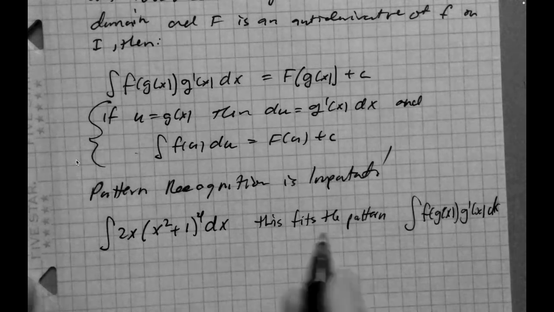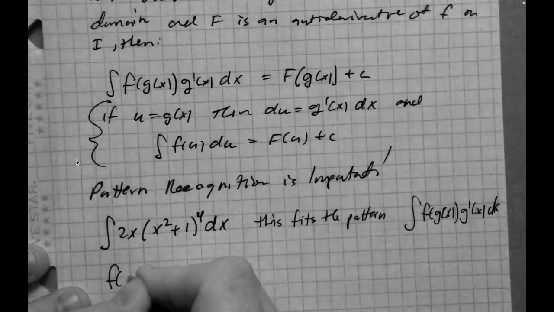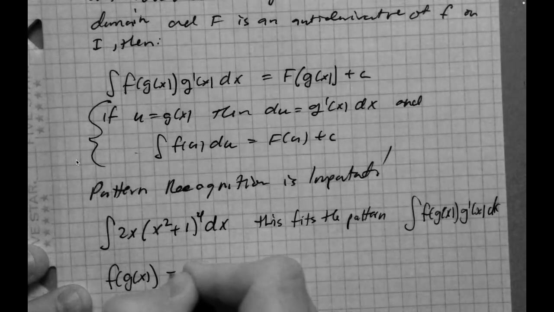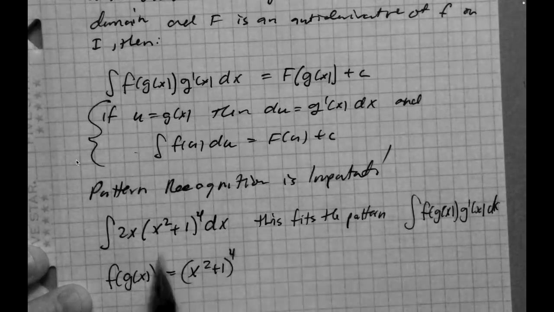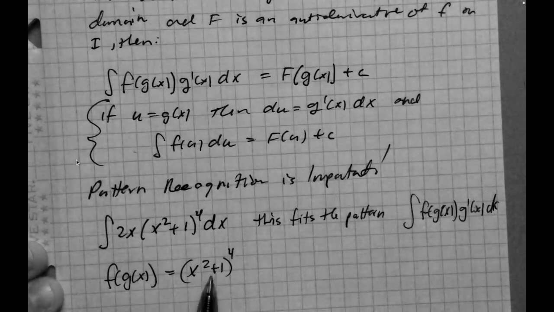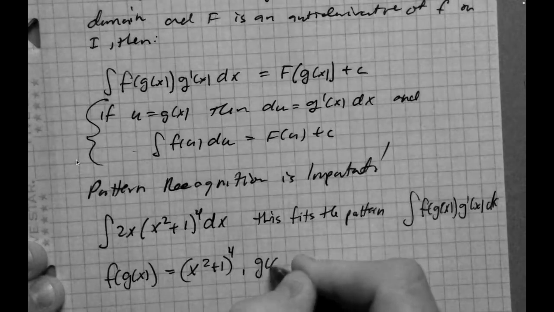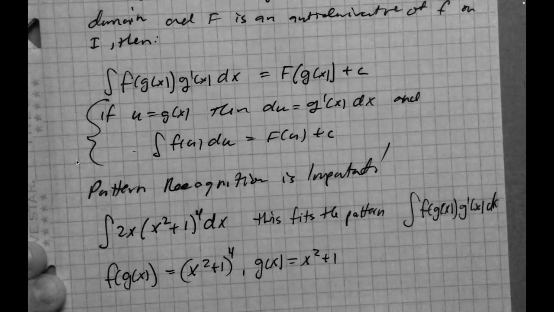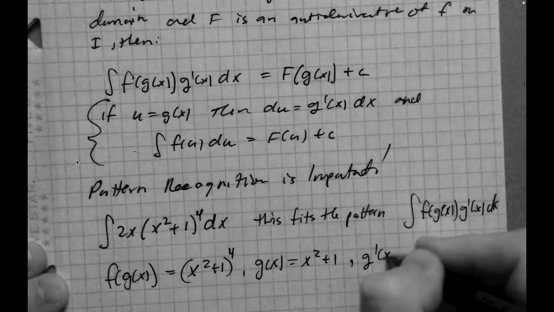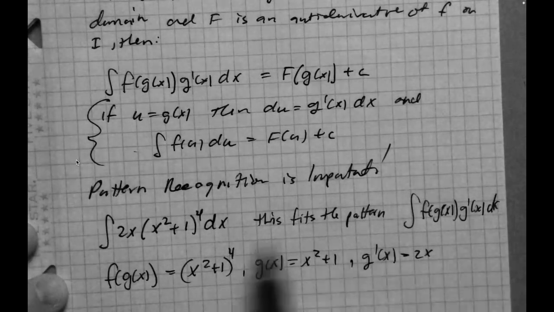Namely, we would say f of g of x is the (x squared plus 1) to the 4th power part. Then obviously the g of x here is the x squared plus 1, and the g prime of x is the 2x out front, right?